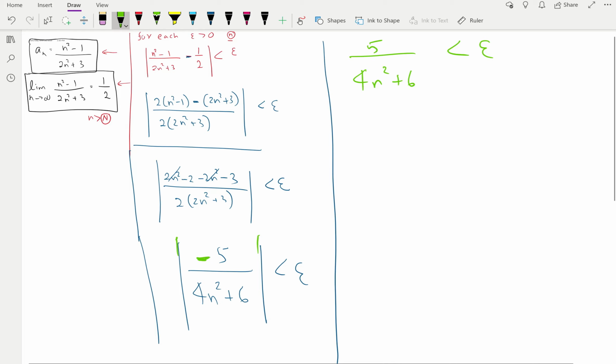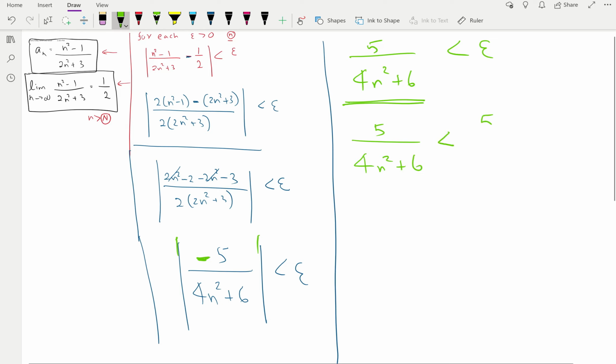Now here we want to find a fraction that is easier to work with than what we have right now. Let's think about this. The smaller the denominator, the bigger the fraction. How can we find a fraction bigger than what we have that is still enough to work with epsilon?